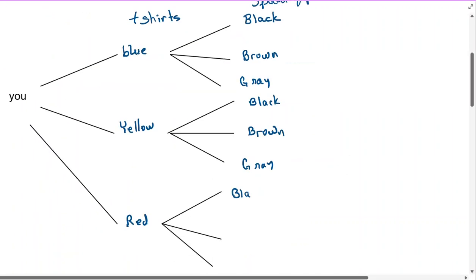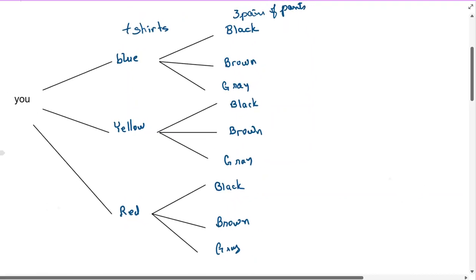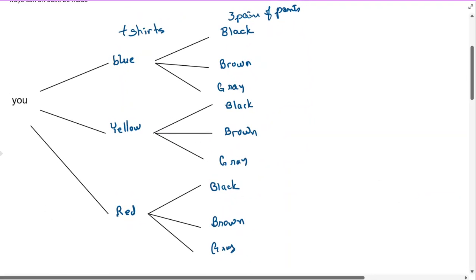So I've got this distribution table, and with the blue t-shirt, I can either wear the black pants, the brown pants, or the gray pants and have a good outfit.